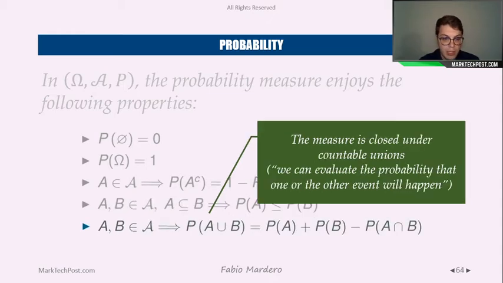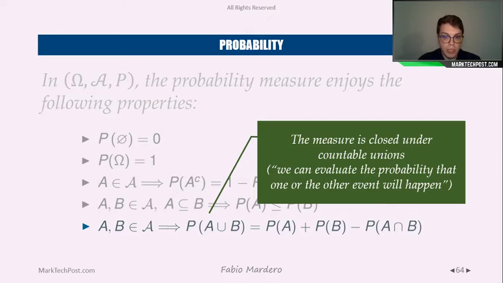The last property is particularly important, in which we have two events, and we want to compute the probability of the union of these two events. This means that we want A or B to happen.